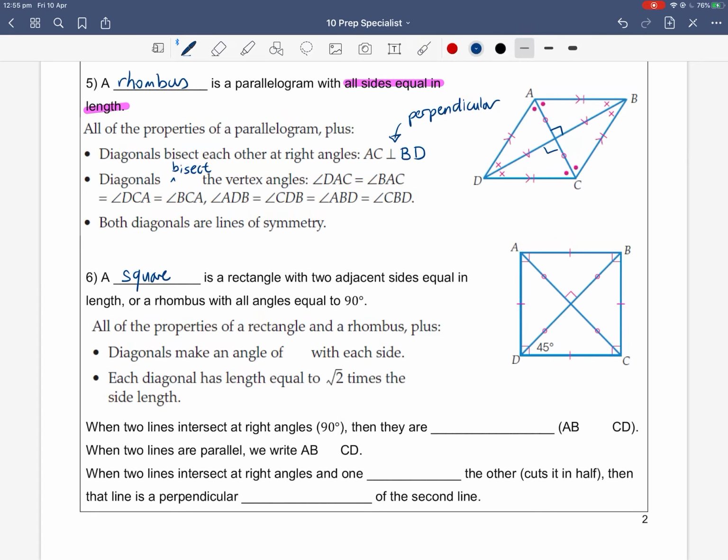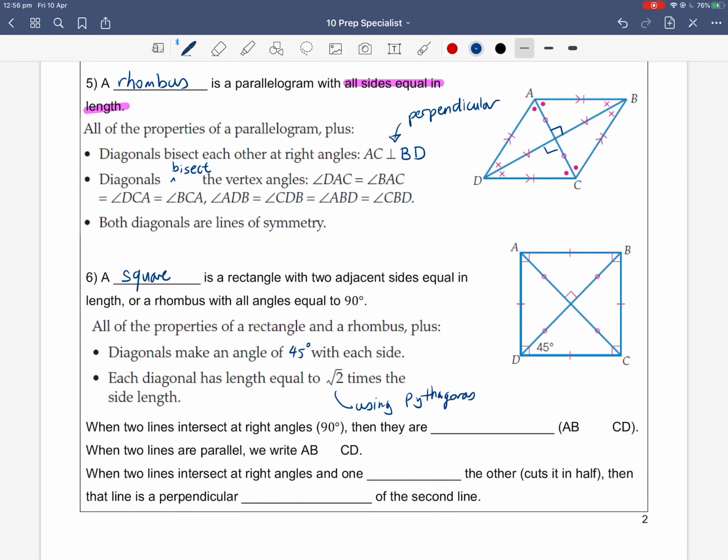In addition, the diagonals make an angle of 45 degrees with each side because you're cutting in half a 90-degree angle, and each diagonal has a length equal to root 2 times the side length, and that's due to Pythagoras. So that's using Pythagoras from year 9.